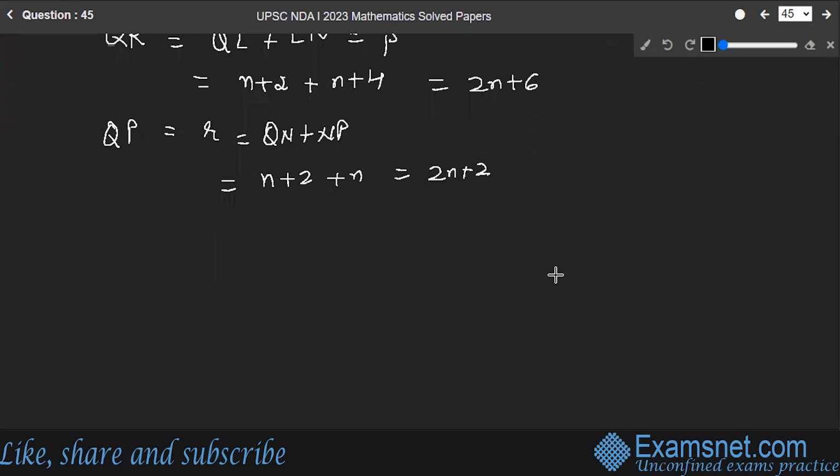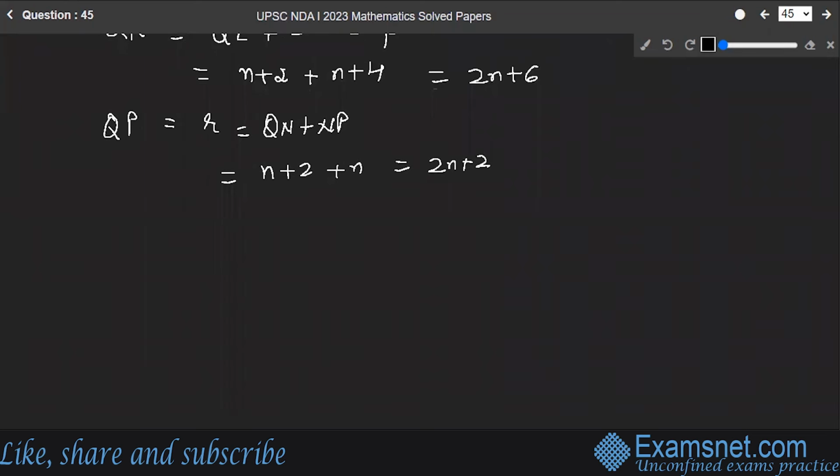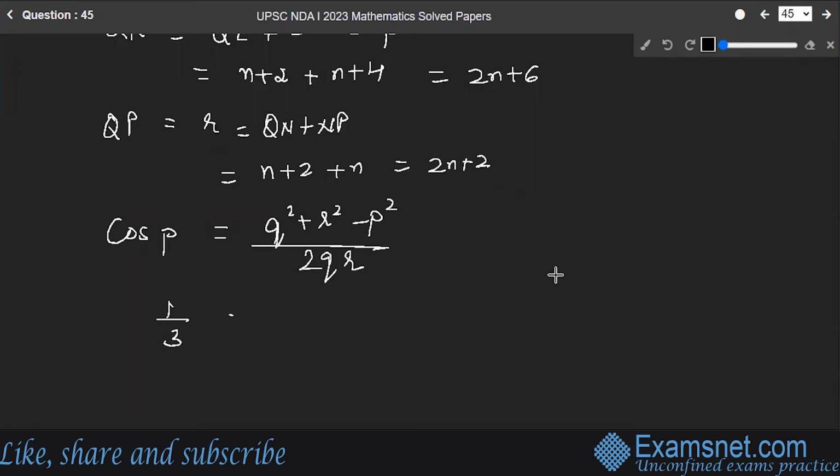Now cos P is equal to Q square plus R square minus P square upon 2QR. This is given to you as 1 by 3. So this is 2N plus 4 whole square plus 2N plus 2 whole square minus 2N plus 6 whole square.